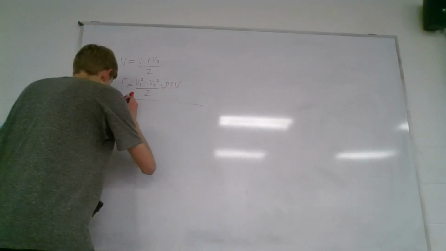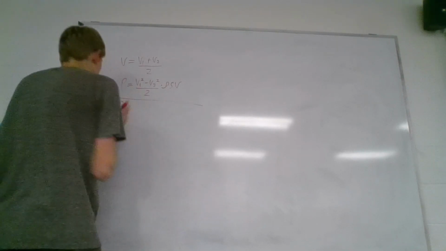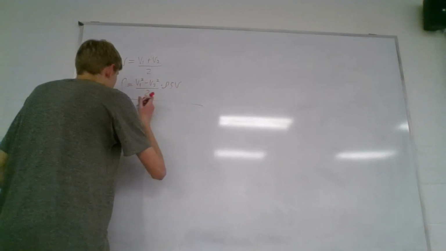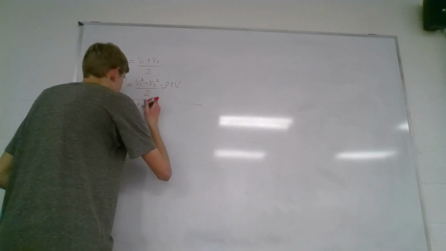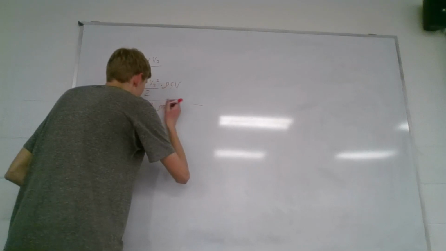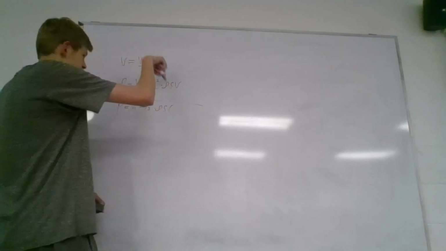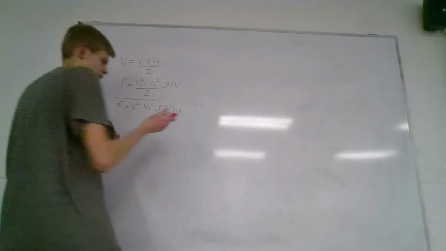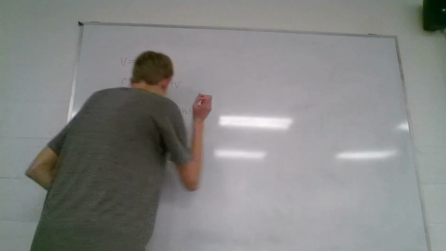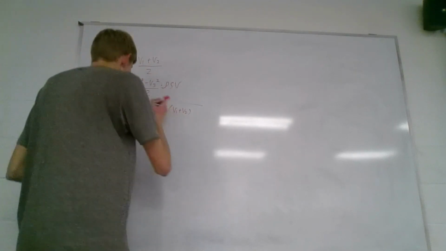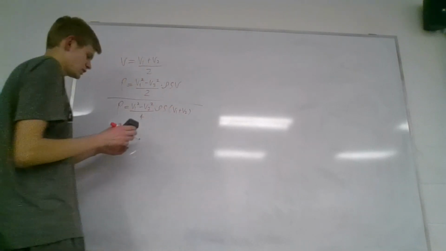We'll rewrite what we have right now, but substitute this in, so it's going to be V1 plus V2, and since we have this 2 on the bottom, we will have a 4 on here as well.